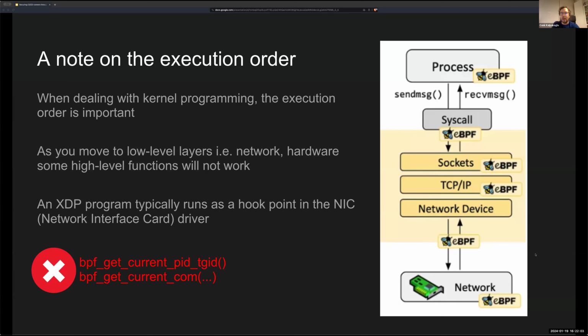On the other hand, as you move to the upper stages, the user space or userland, you will have more high-level functions. For example, compared with the XDP case, in the cgroup function case, high-level functions that let you get the process ID or the task name, the process name, are not going to be available in the network layer or the XDP layer, because the kernel has not assigned them yet.